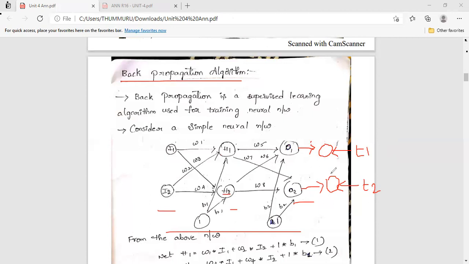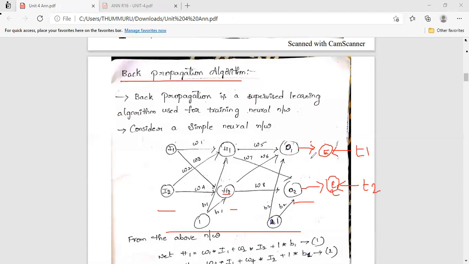Then, if you want to calculate the error rate, it is t1 minus y1 and t2 minus y2. This is error rate 1 and this is error rate 2. If you want to calculate these error rates, then you may use the formula t1 minus out of O1, t2 minus out of O2.